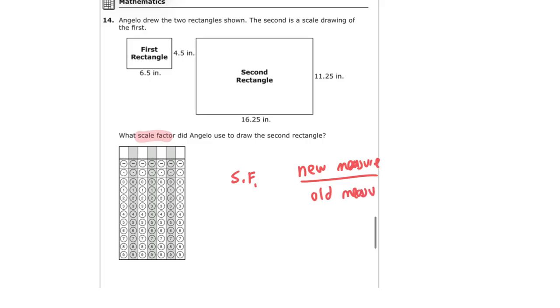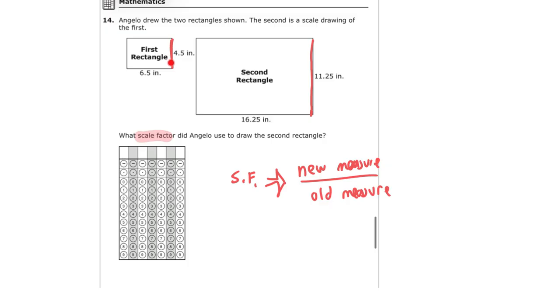Now, what do I mean by that? Hopefully, my student watching recognizes that this red thing is 4.5, and that corresponds with this red thing. It's the shorter side. You see how this side is the longer side of the rectangle?